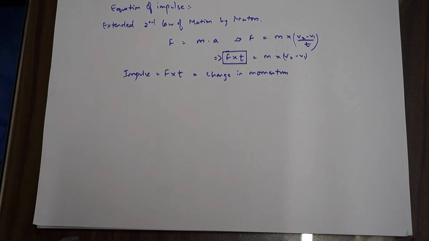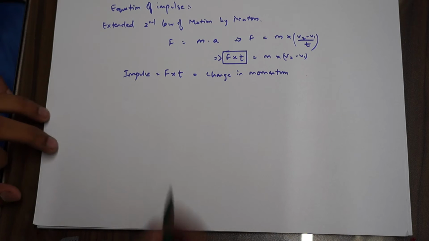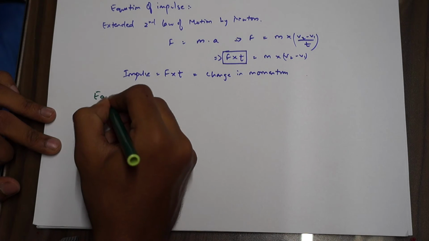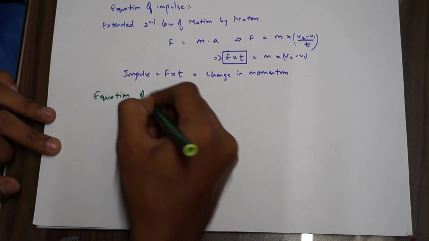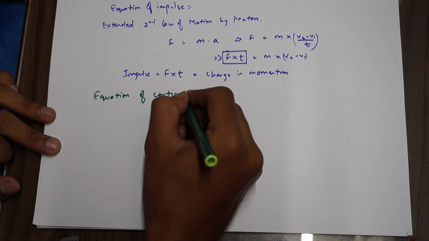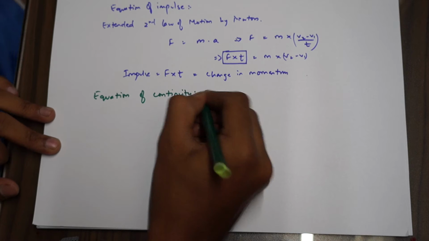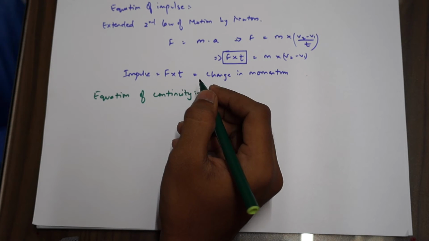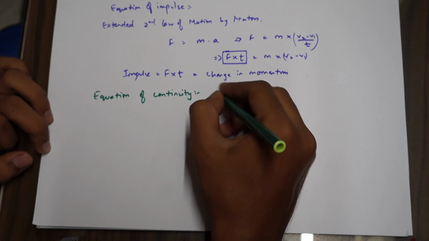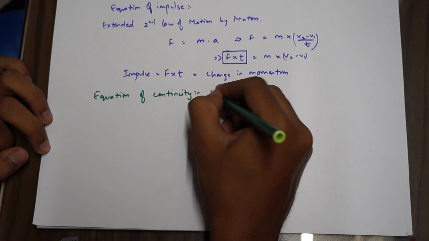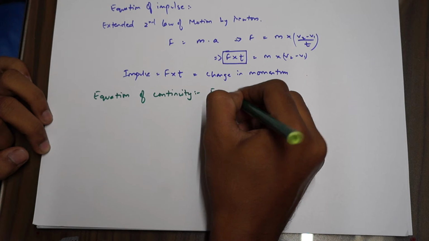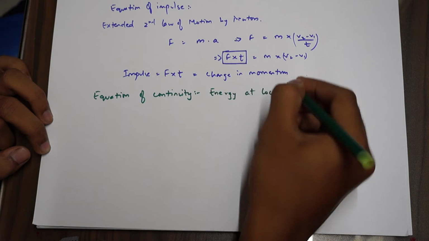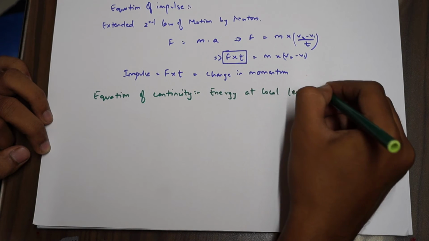Then we will do equation of continuity. To explain in the easiest format, equation of continuity basically states that energy at local level is constant.